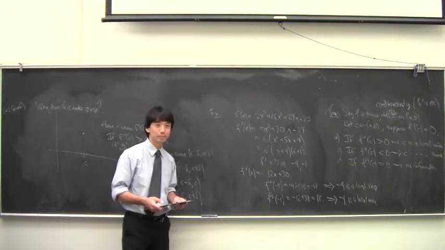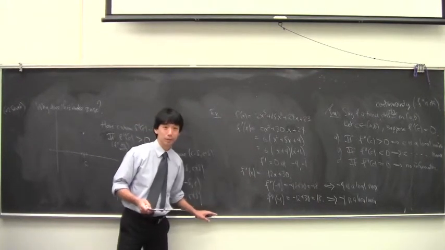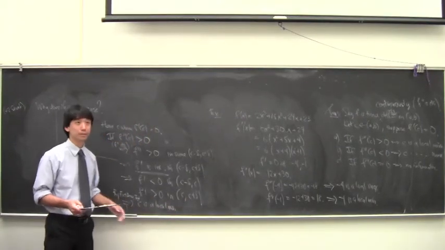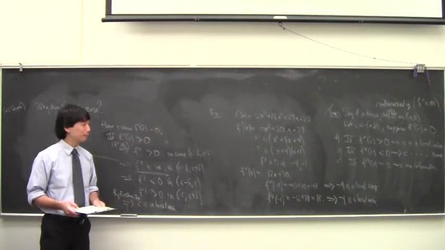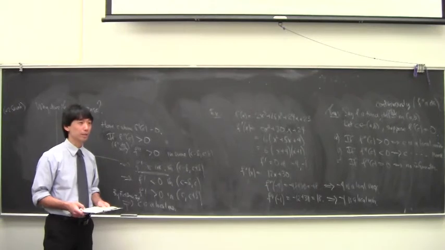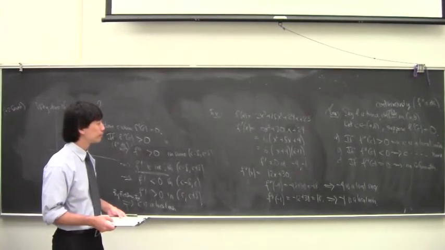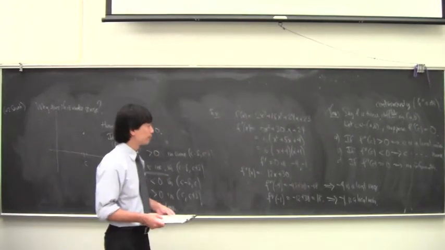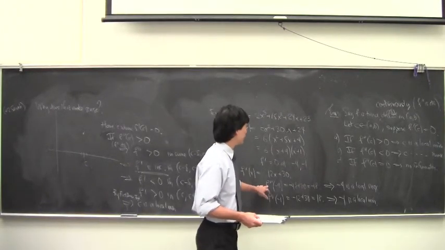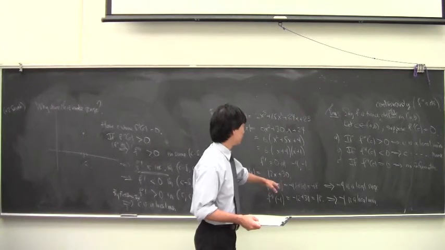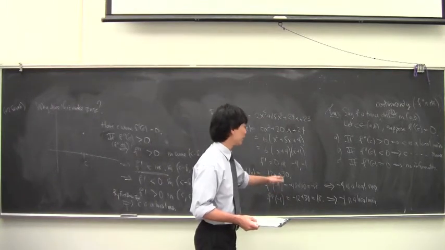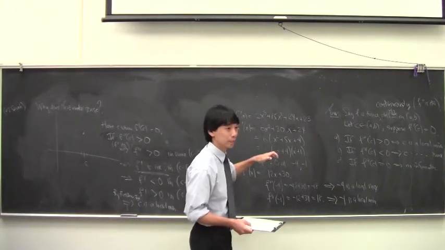Okay. So this is how you use the second derivative test. Any questions? Yeah. So your thinking was f double prime is negative 18, that's negative, so it's concave down, so it's a max. That's right. It's concave down nearby, so it's got to be a max.